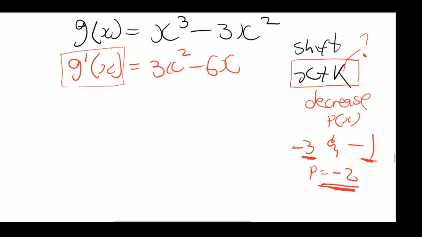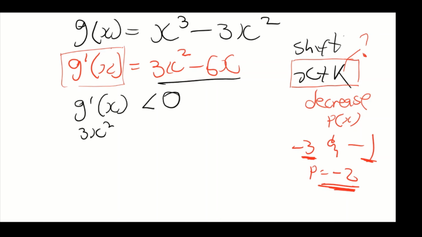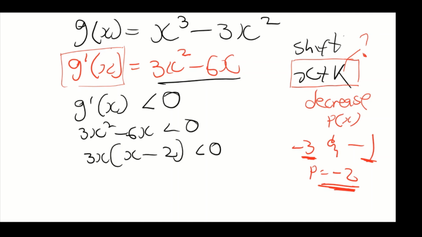So if the gradient is decreasing, it means g prime of x must be less than 0, right? So we're just going to write this expression here: 3x squared minus 6x less than 0. Then you factorize, and it's going to be 3x into x minus 2 less than 0. Then you find the critical values, which are x equals 2, or this portion here, which is 3x being equal to 0.